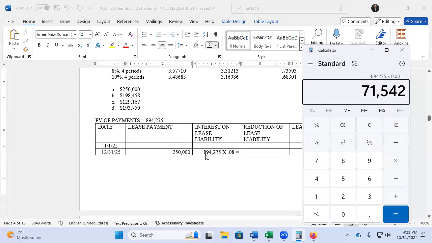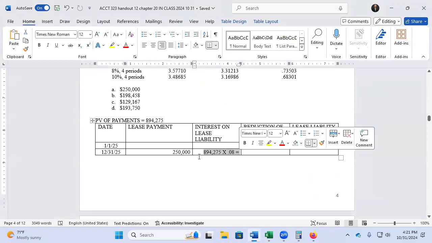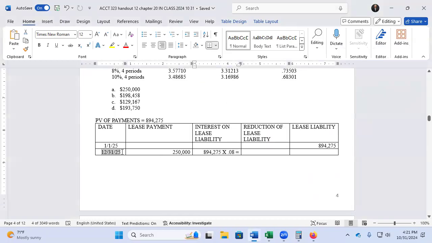Okay, sorry, I forgot. So this first year, this isn't 12/31, this is on 1/1. Sorry about that. So this is going to be 0. And then the reduction on the lease liability is 250,000. And so this lease liability is going to be 894,275 minus the 250,000.